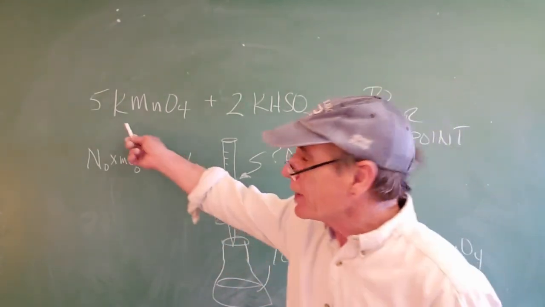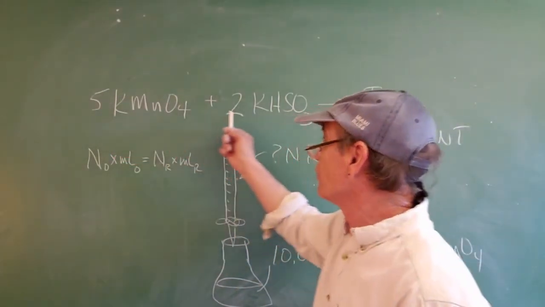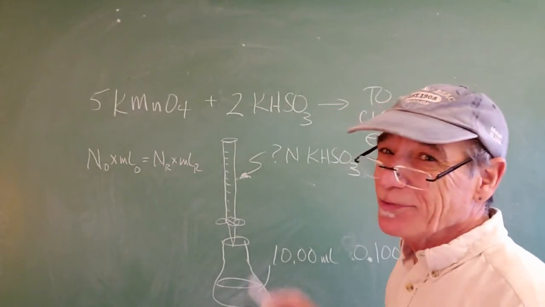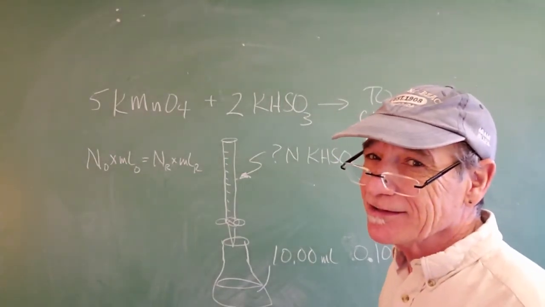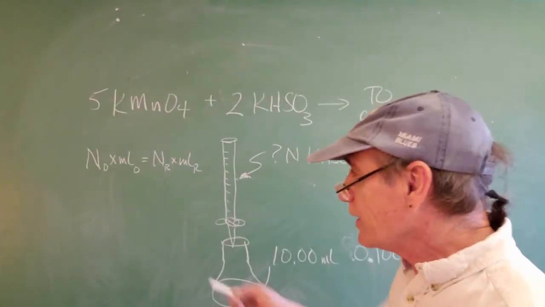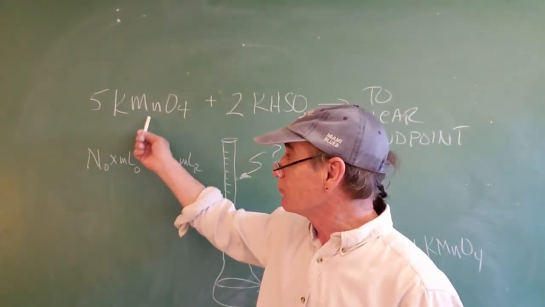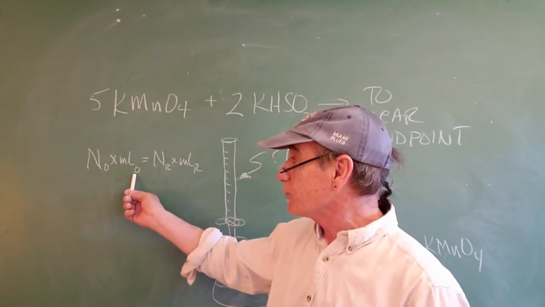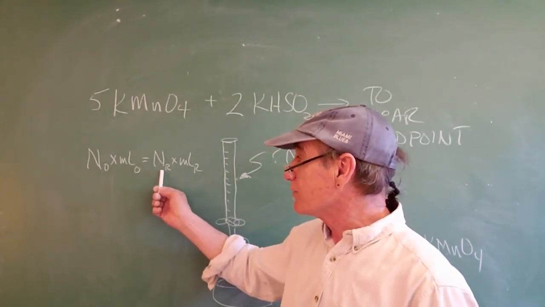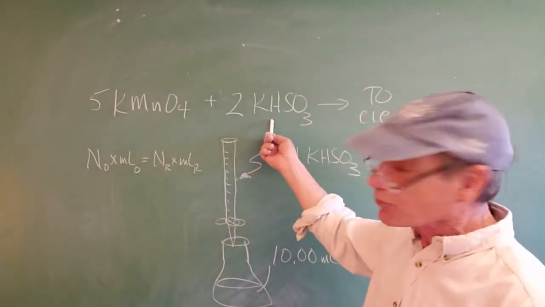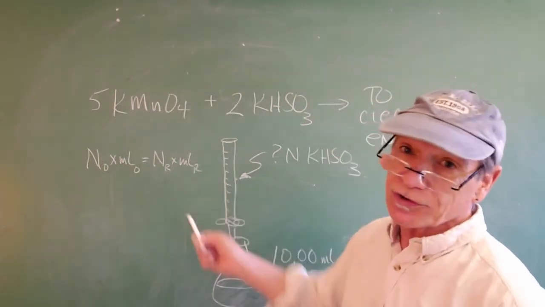And again, when we balanced the equation, it was 5 KMnO4s to 2 KHSO3s, but again, that's been worked into the normality idea, so really all we need is this equation, the normality of the oxidizing agent, the KMnO4, times whatever mils of it we used, has to equal the normality of the reducing agent, the KHSO3, times however many mils of it we used.